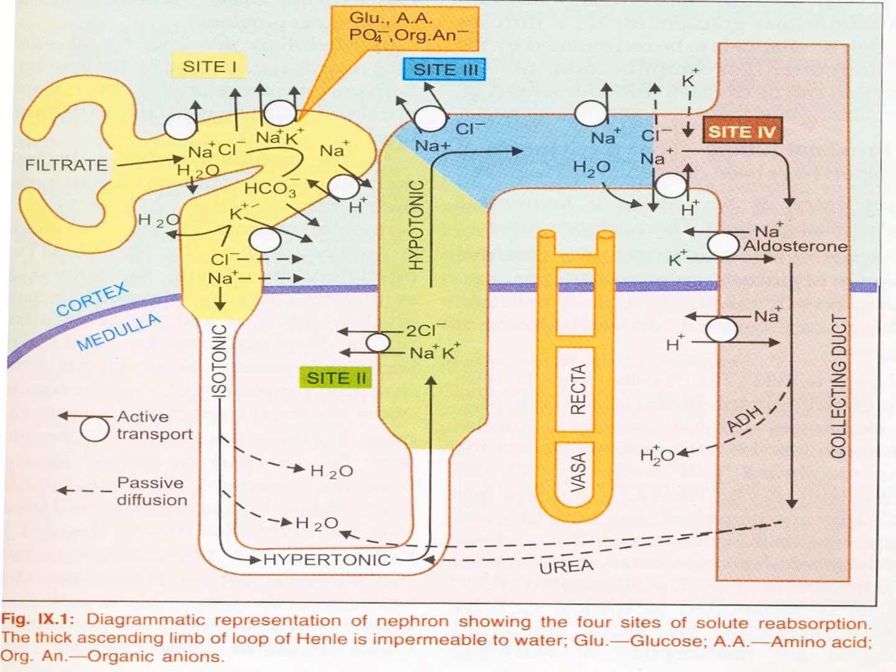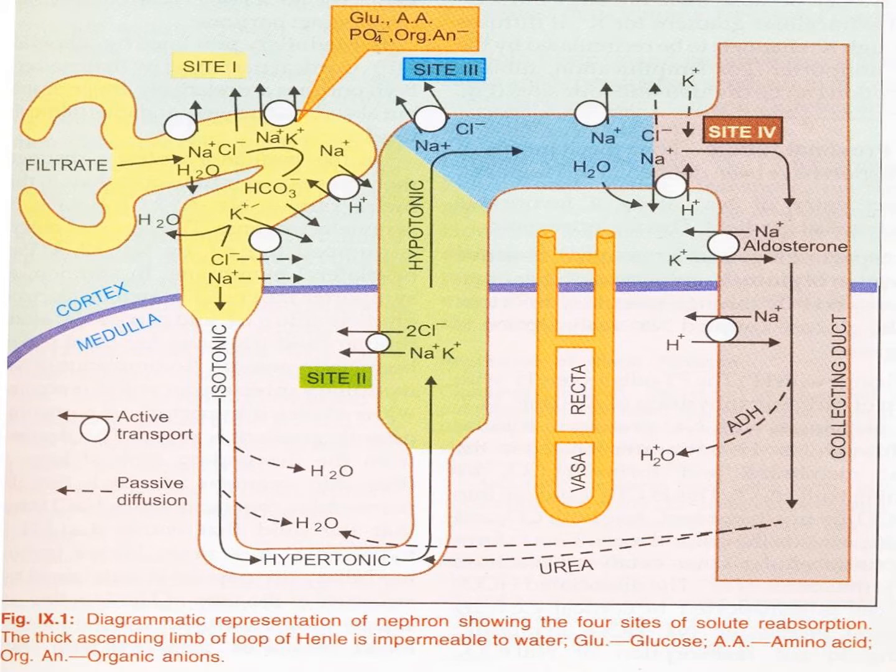In this diagram, which has been taken from the book, we can see different sites of action of different categories of drugs. First site is the proximal convoluted tubule, site 1. Then we have the second site, sodium, potassium and chloride co-transport, that is site 2, loop of Henle, and site 3 is the distal convoluted tubule.